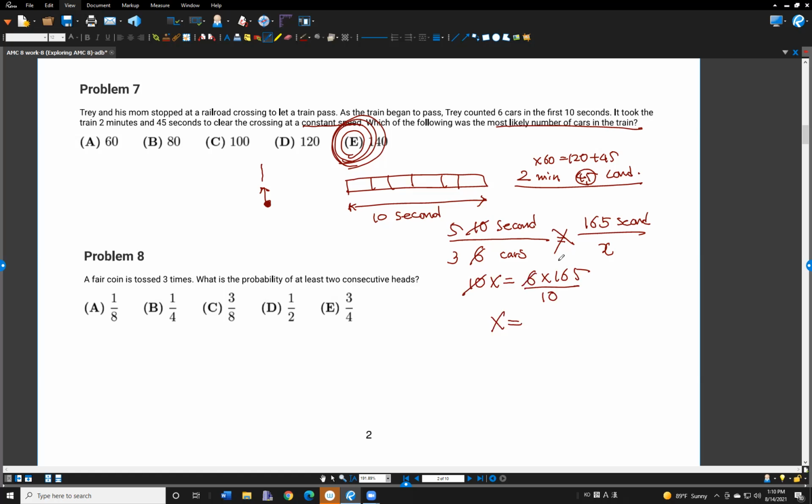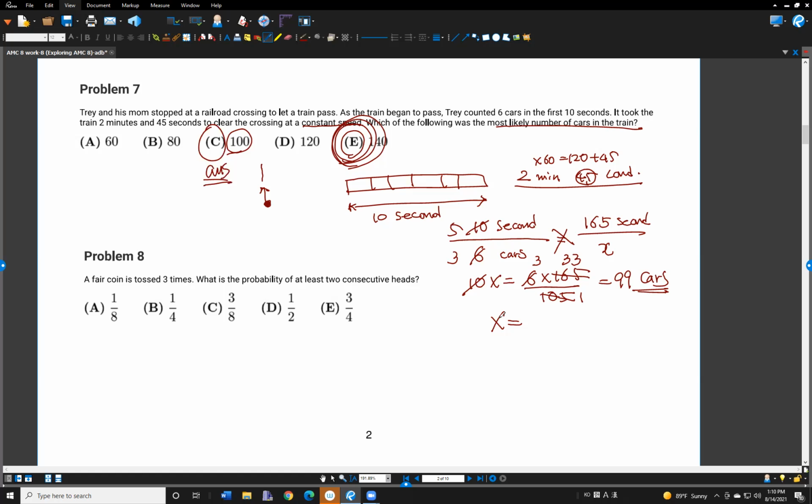Divided by 2 is 3, divided by 2 is 5. 165 divided by 5 is how much? 33, right? So the exact number of cars is how much? 6 times 33 is 198 cars there. Okay, most likely is what? The closest number. That choice is the answer, okay?